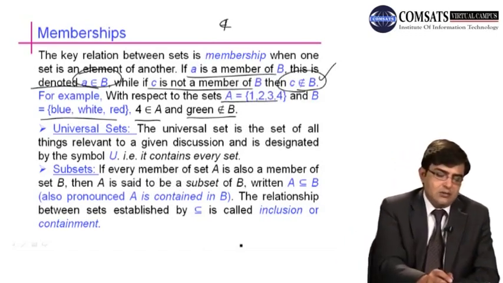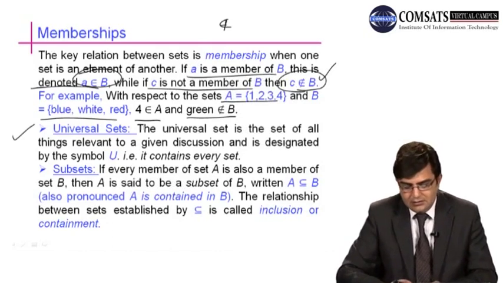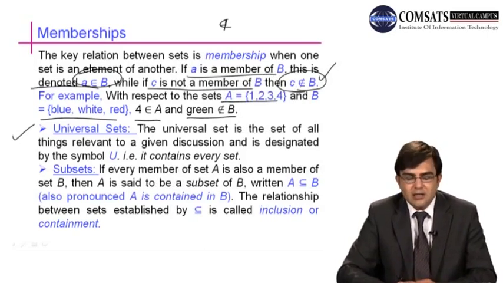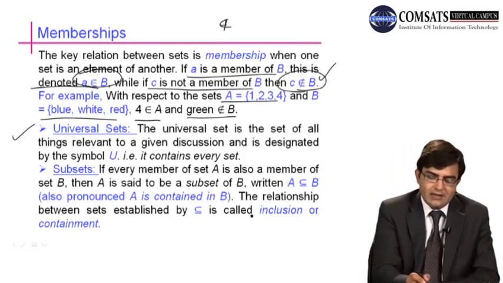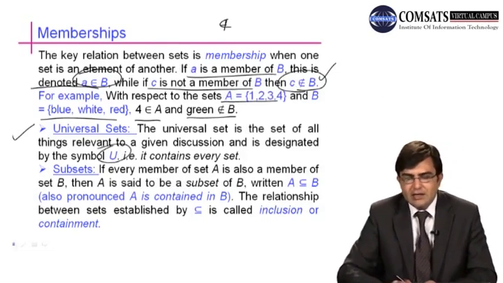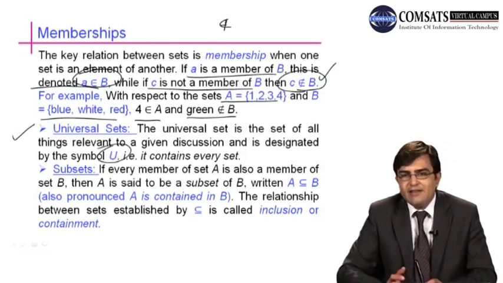Next, what is the universal set? Basically, a universal set is the set of all things, all objects relevant to a given discussion of sets, and it is denoted by a capital letter U. It contains every set under consideration.